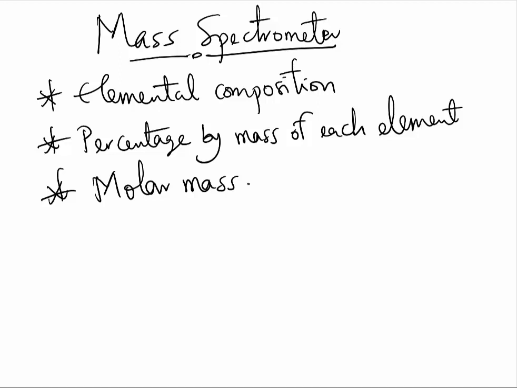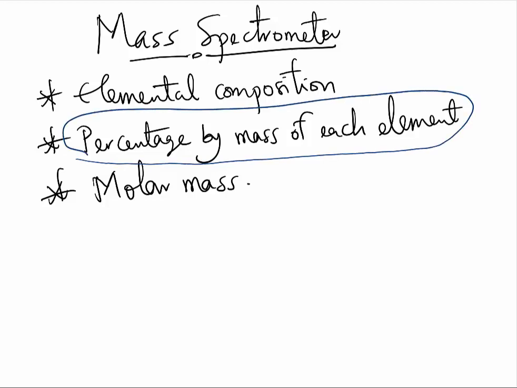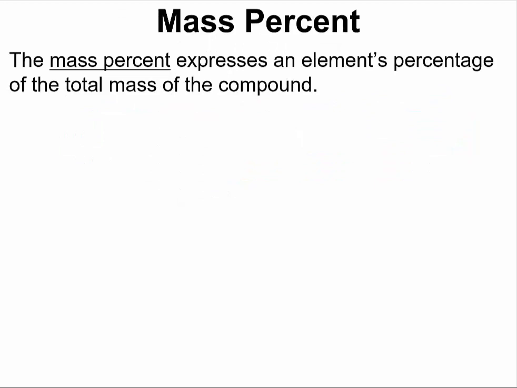Let us first take a look at how the machine determines the percentage by mass of an element. The percentage by mass, or mass percent, of an element is essentially how much of the element is present in the total mass of the compound.